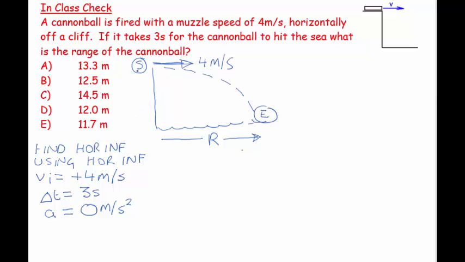But in these problems, you have to carefully distinguish between horizontal information and vertical information. There is no force acting horizontally on the cannonball. But hold on, what about the cannon? That force was before the journey that we're talking about started. We're talking about the projectile motion part of this journey.